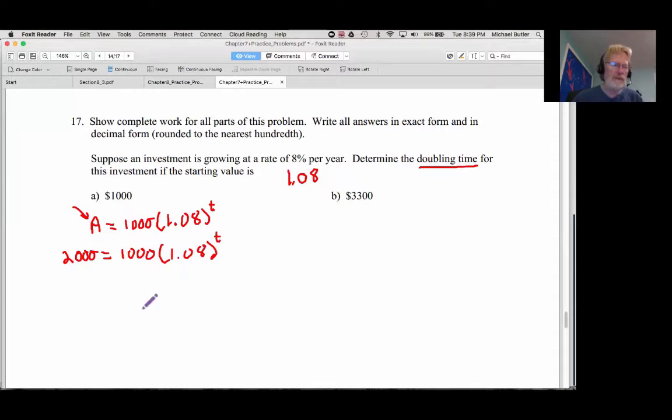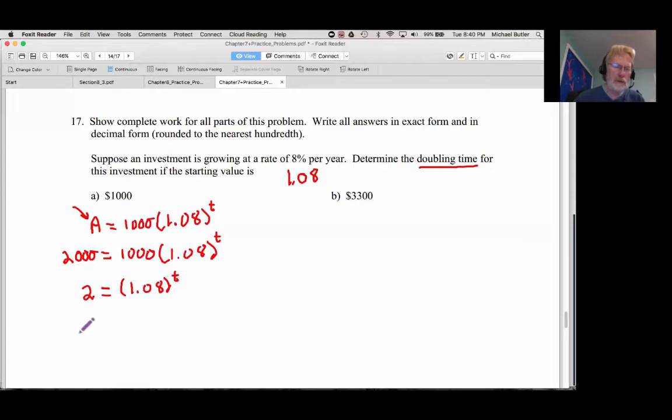Well, first step in solving an exponential function is I got to get that number off the front out of there, that 1,000. So if I divide both sides through by 1,000, hopefully you see that the left-hand side is going to be equal to 2, isn't it? Is that okay? Is good?